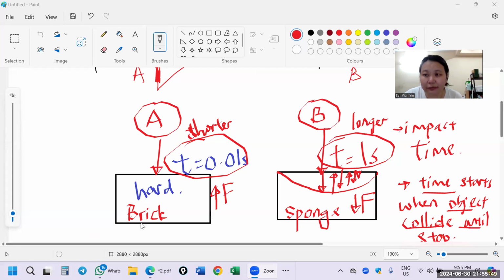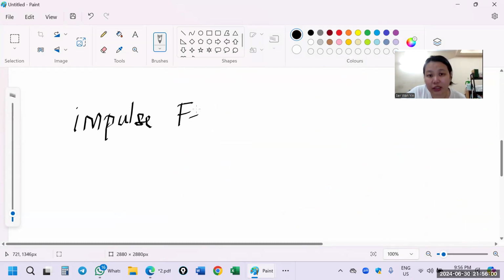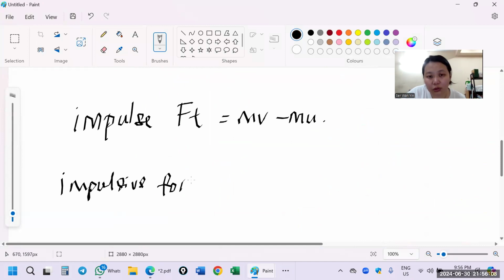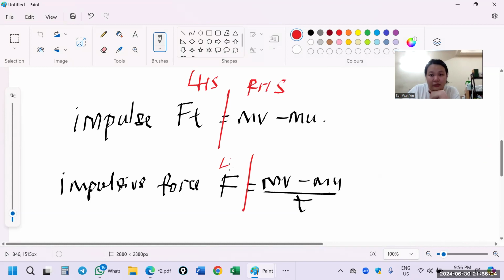But I thought time is inversely proportional to force. Yes, but we need to look back at our formula. Our formula for impulse is Ft equals to mv minus mu. But impulsive force is F equals to mv minus mu over t. So actually, what is impulse?